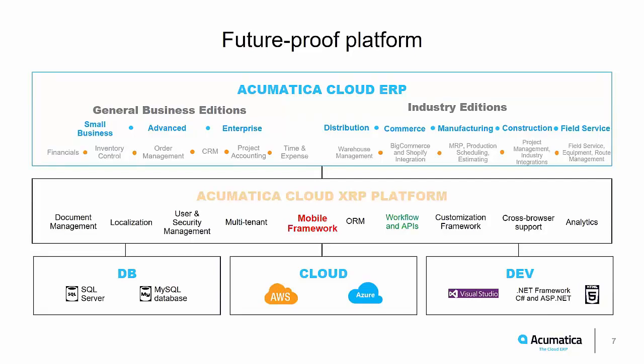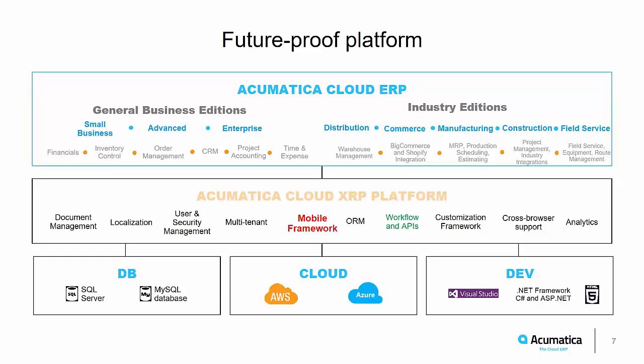The big thing on this slide is in the middle, the Acumatica Cloud xRP platform. That's where really all of the capabilities of this product become available, because it was a platform that was written with the latest in the tool sets. We talked a little bit about responsive design, being able to change the screens.